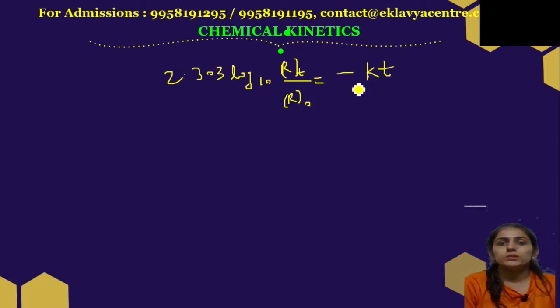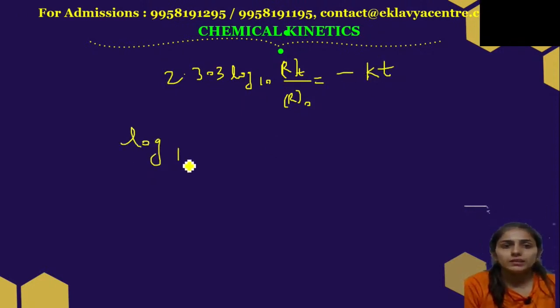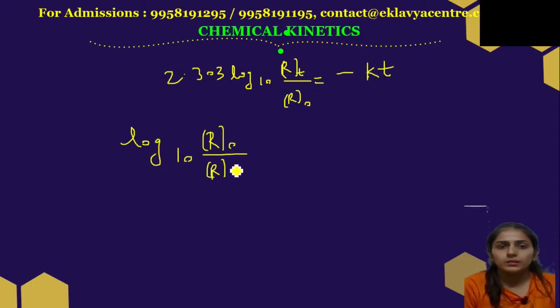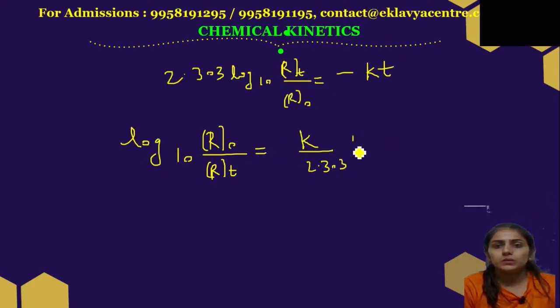Now suppose I want to remove this minus sign, we can write it as log base 10 R naught by Rt is equal to K upon 2.303 t.